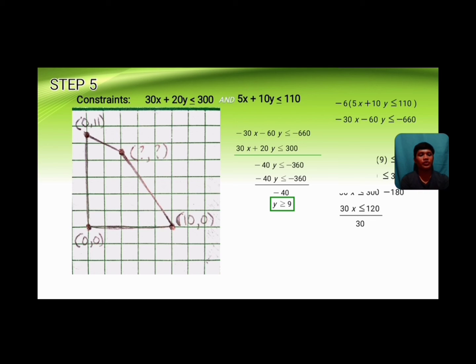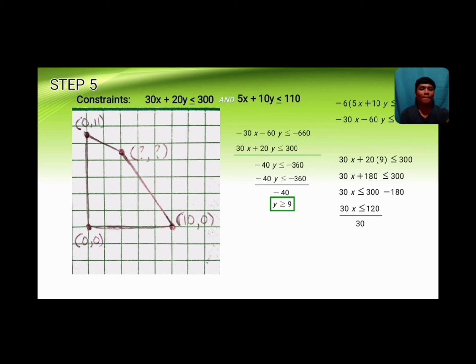Next, we will use the 30x + 20y ≤ 300 constraint so that we can find the value of x. So we have to substitute the value of y, which is equal to 9. So 30x + 20 times 9 is less than or equal to 300, which gives us 30x + 180 ≤ 300.